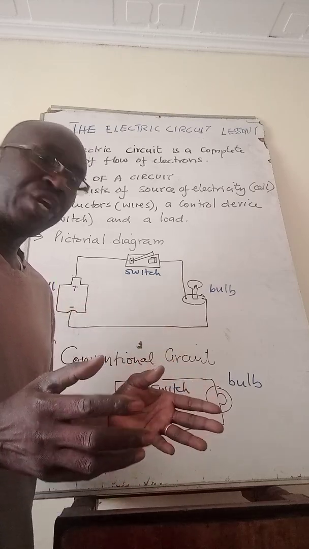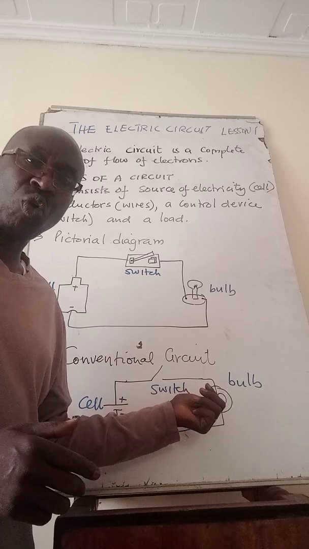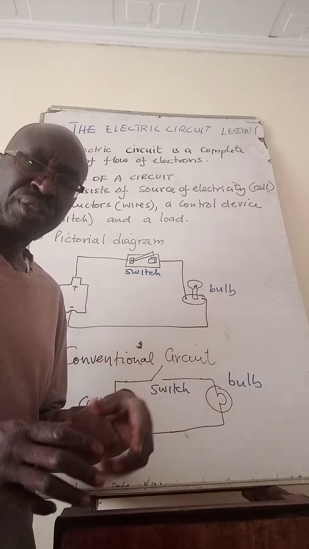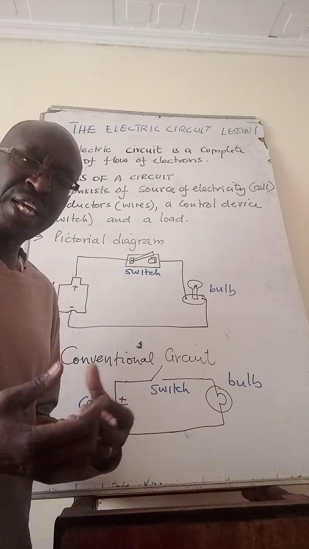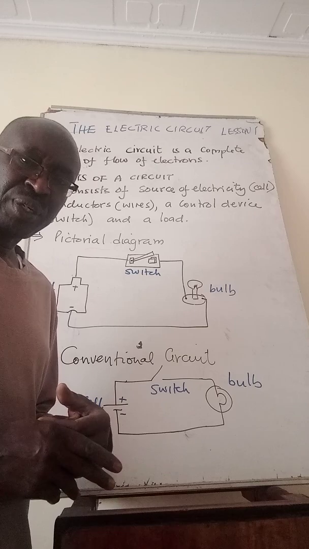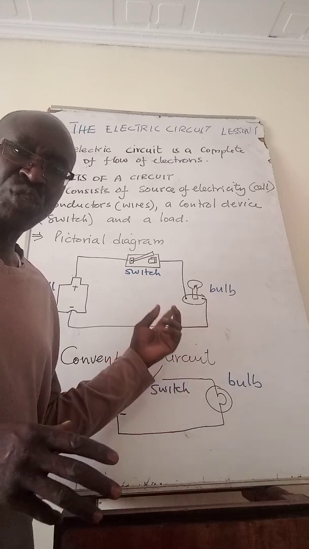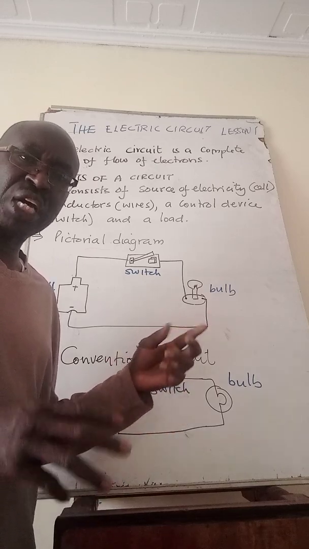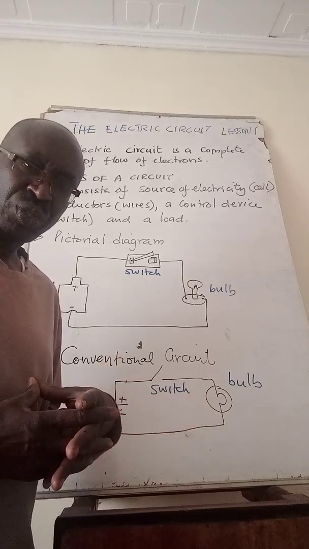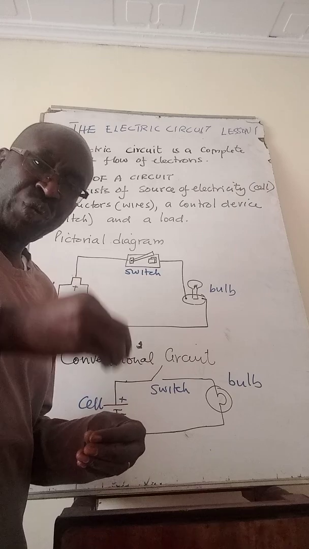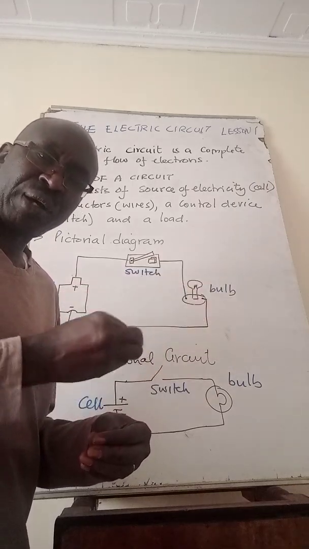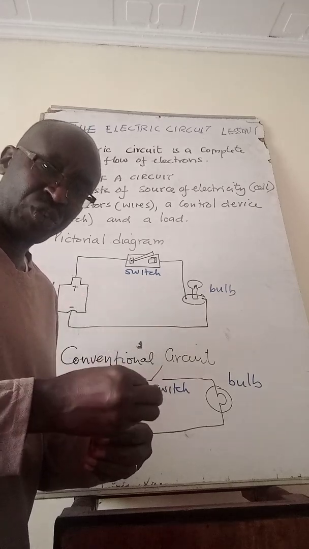We have the load, like here the bulb is the load. When electric energy gets there, it is converted to light energy. Have a control device known as a switch, and also we have a source. We must have a source which initiates the flow of electrons.